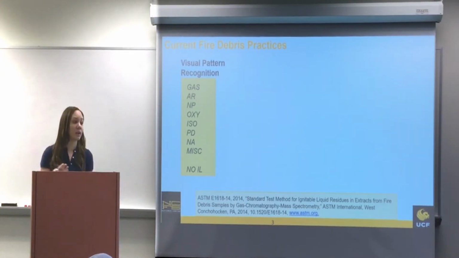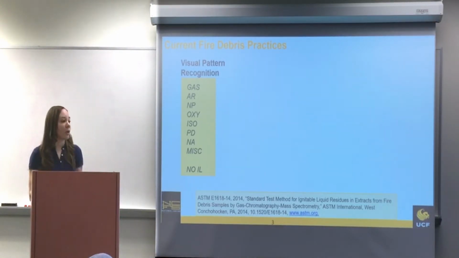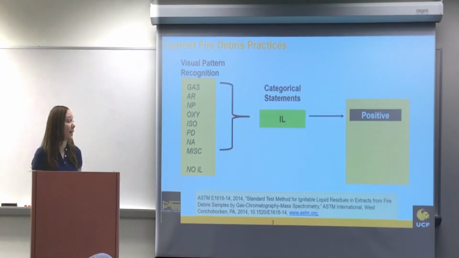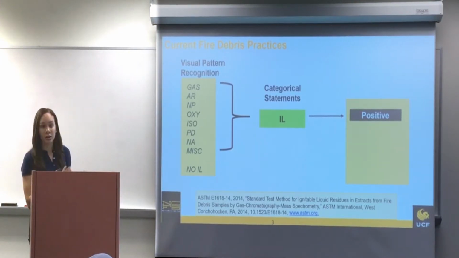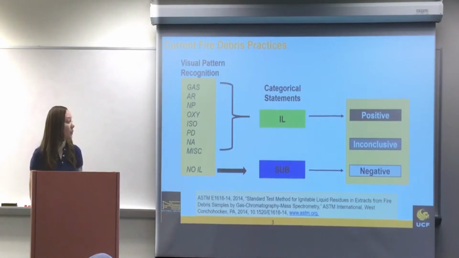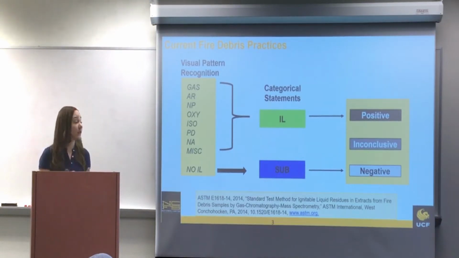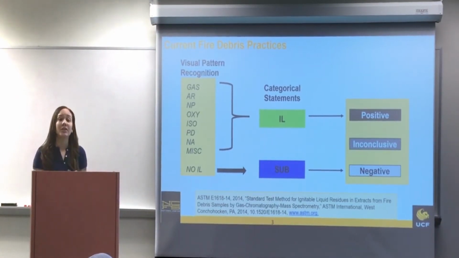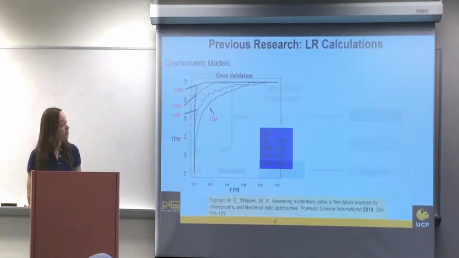This allows the fire debris analysts to report on whether a sample contains ignitable liquid, denoted as IL, or is absent of ignitable liquid, which can also be characterized as a substrate or sub. Now, one way to strengthen the reporting of these categorical statements is to calculate likelihood ratios.